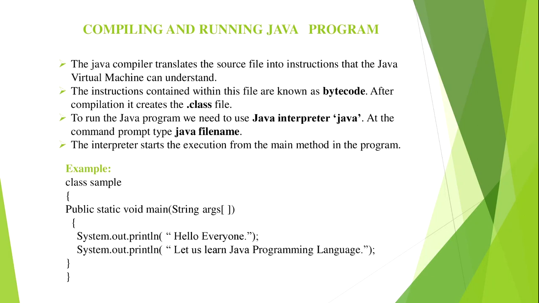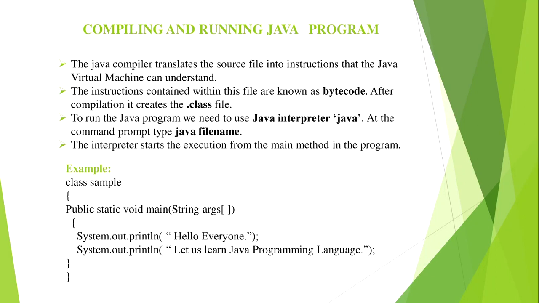execution starts. Here I take one example, the sample class, and I just print two simple messages: Hello everyone, let us learn Java programming language. So I just give the example. After typing this, you save the code with the extension .java.